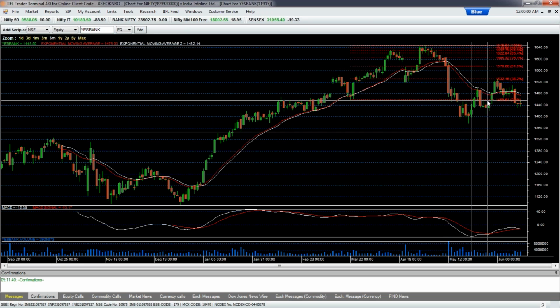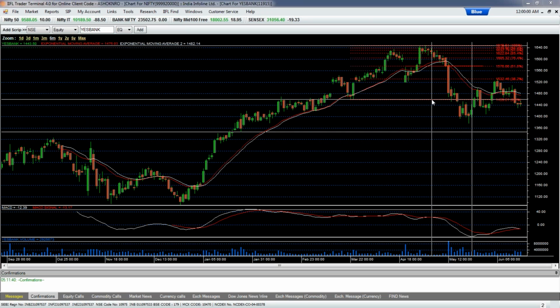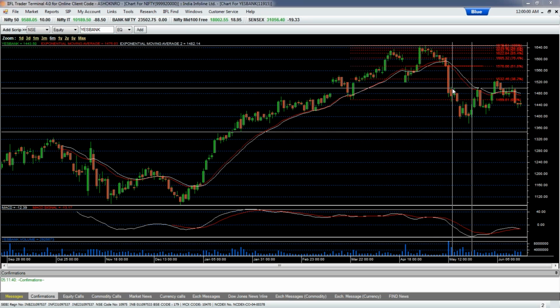1576 to 1459. I think 1614, 59. It is 117 points. So from this level, this is the sell point.